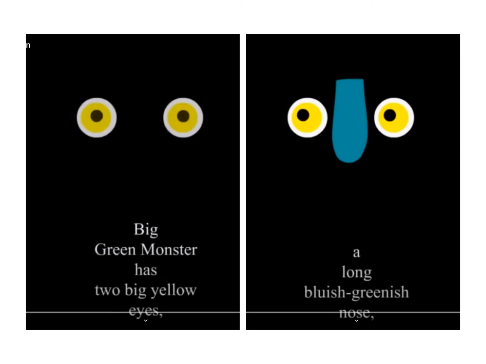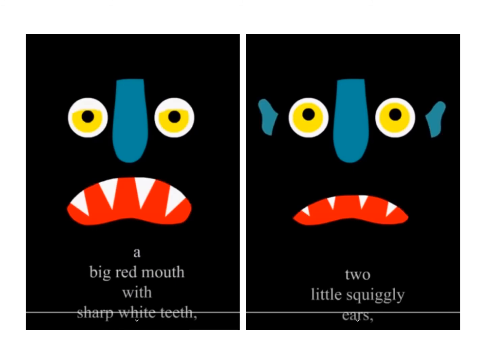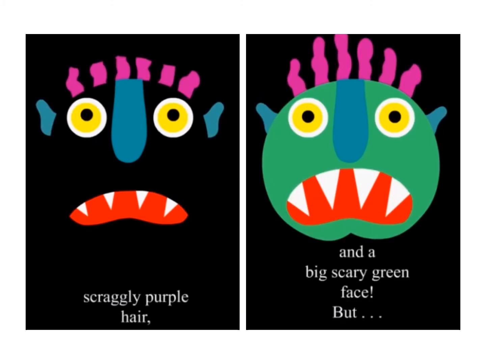Big Green Monster has 2 big yellow eyes, a long bluish-green nose, a big red mouth with sharp white teeth, 2 little squiggly ears, scraggly purple hair, and a big scary green face.